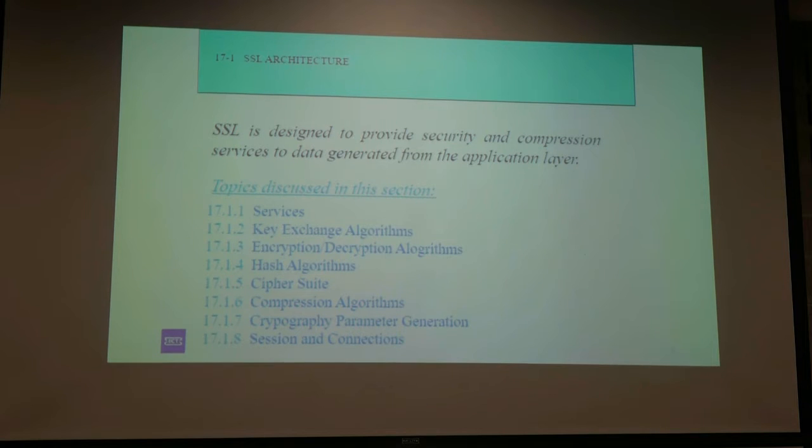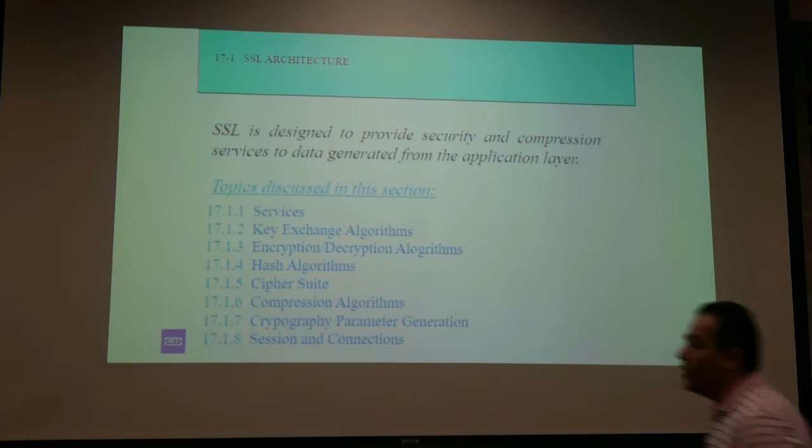So SSL is designed to provide security and compression. It does both. The security is extended security, which means message authentication and entity authentication, and privacy, that is confidentiality, through encryption. It also provides compression for the data generated from the application layer.